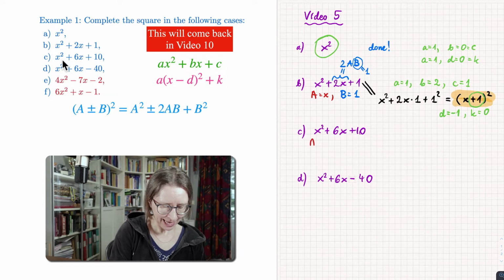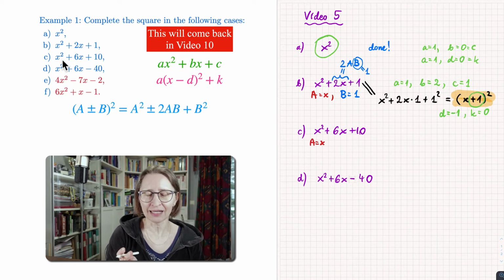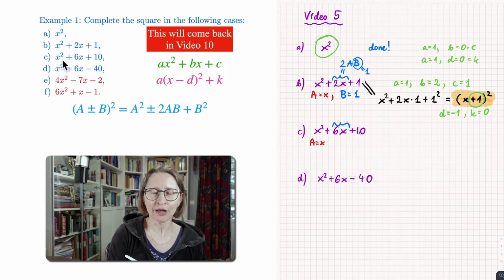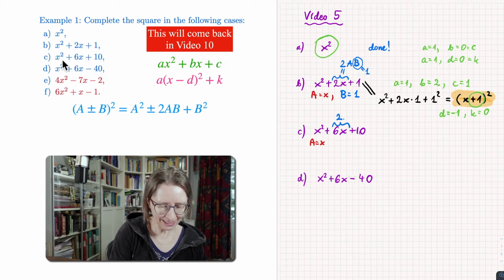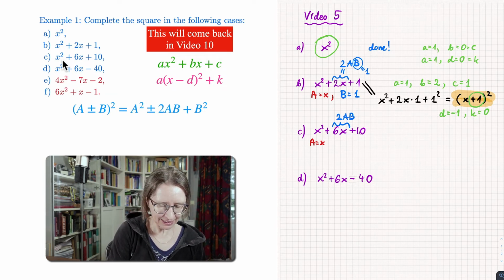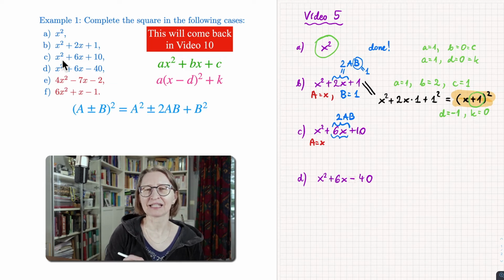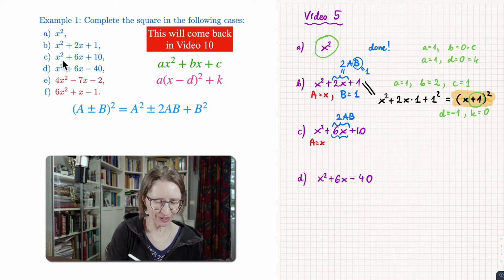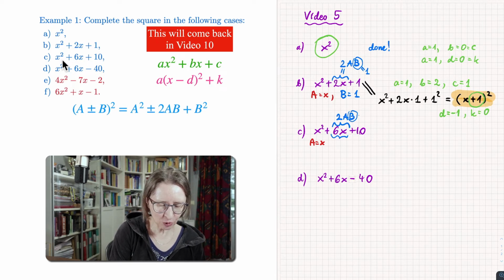And here again I will choose my A being x, and again this term here must be equal to twice AB. But A is equal to x, and this is 6x. 6x must be equal to 2x times B. So this B has no choice.